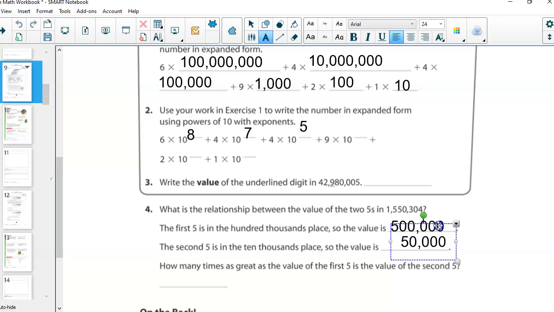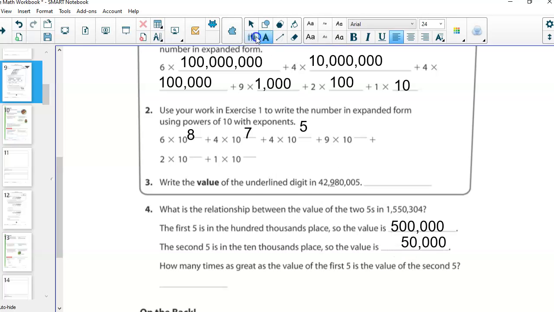If I line them up like this, how many place values apart are they? Are they 1 place value apart? Would I need to move this 5 1 time in order to make it 500,000? Do I need to move it more than 1 time? However many times you move it represents how much greater it is. So each move is multiplying by 10.